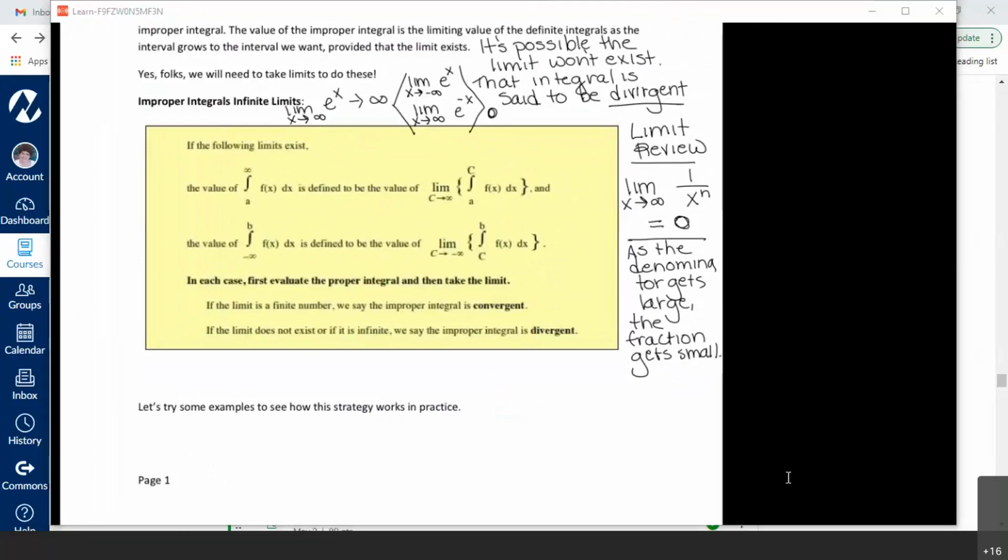Let me ask for questions on either of the limit review examples before we get started. Please ask. Again, I'm pulling information from way back in the course. Anybody have questions on either of these examples?